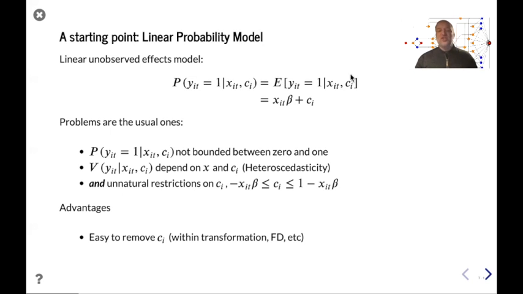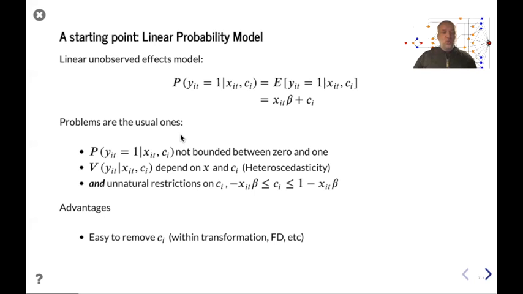So this is essentially a linear regression model that we can estimate with the estimation methods we have available for linear regression models. A natural choice would be a linear fixed effects regression, a random effects regression, or a pooled OLS regression. That's what we have in the toolbox for models like this.